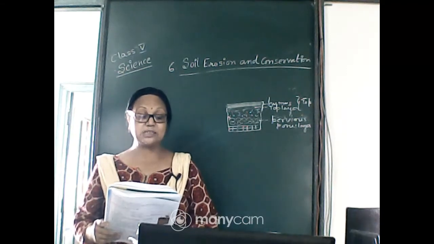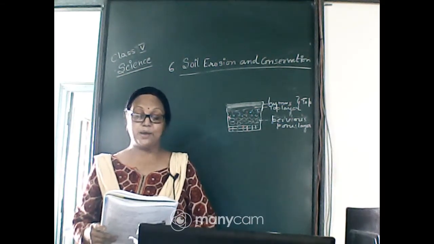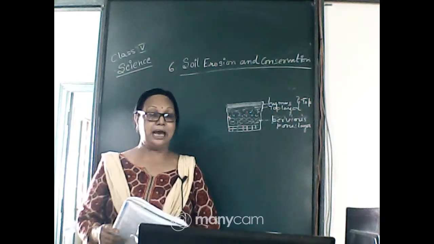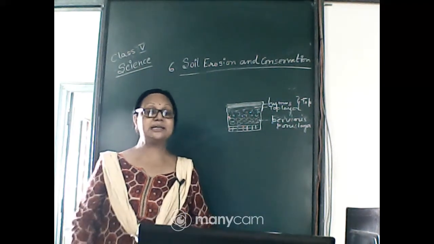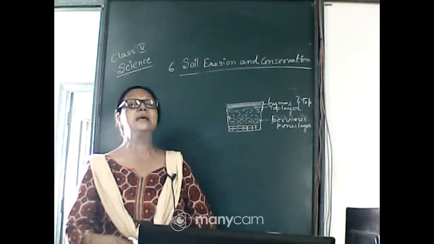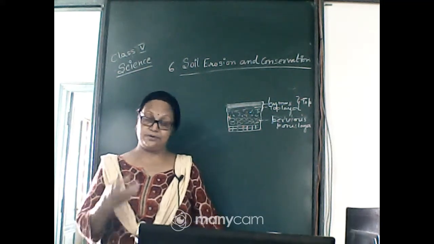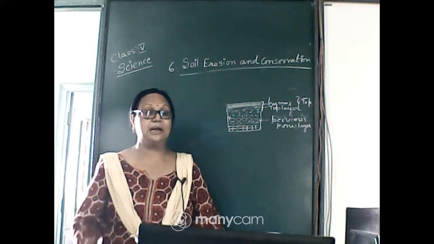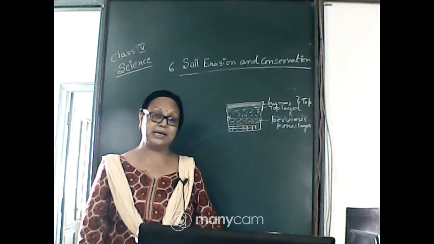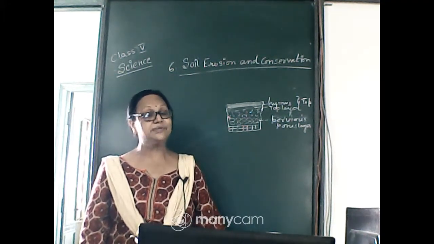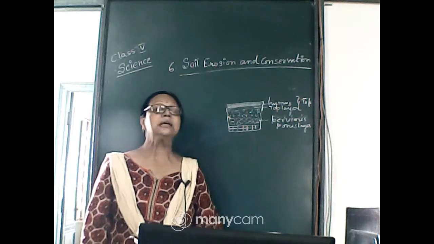Understood? Soil supports the growth of plants by holding their roots firmly. The roots go inside the soil, and they hold and fix the plant inside the soil. Otherwise, if there is loose soil or no soil, what will happen?